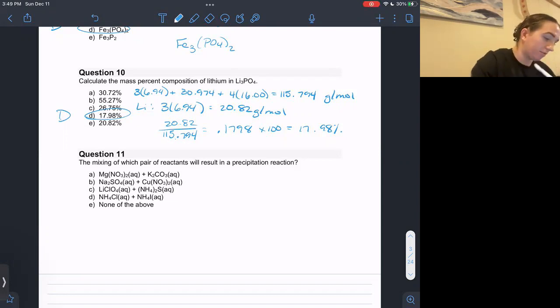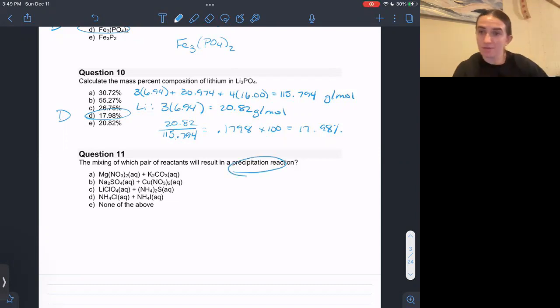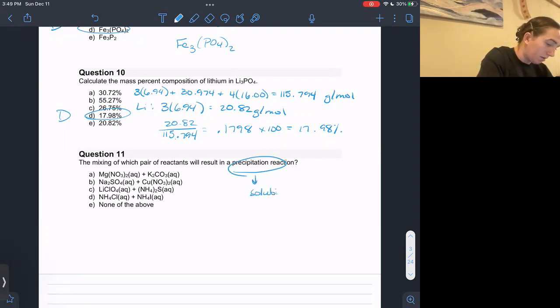So basically when I'm looking for precipitation, the reason I needed that is I'm looking for my solubility chart, so I would immediately go look for that one.